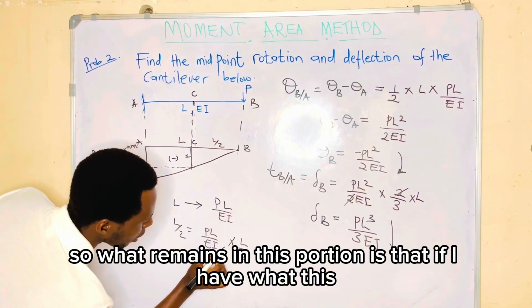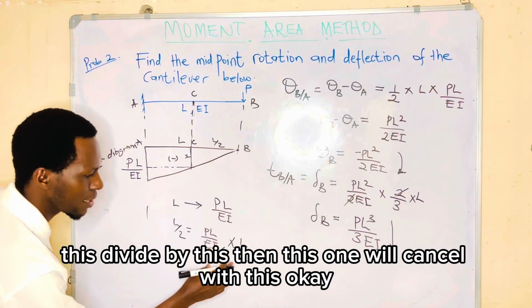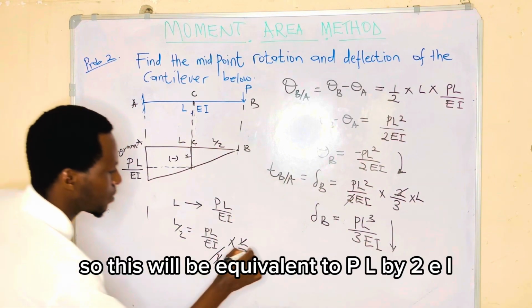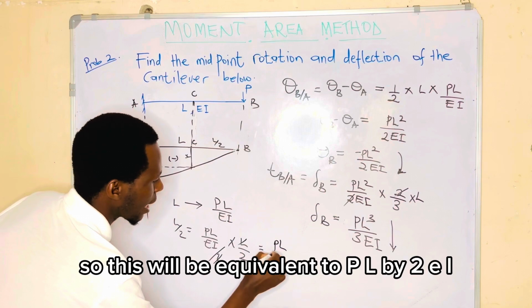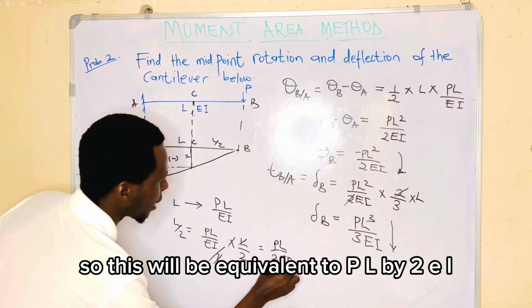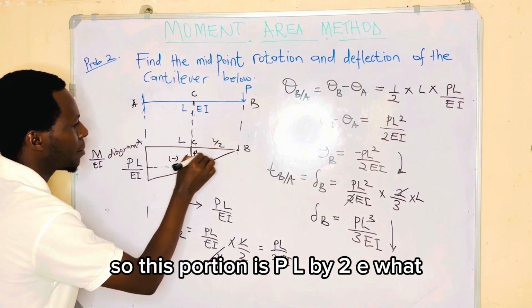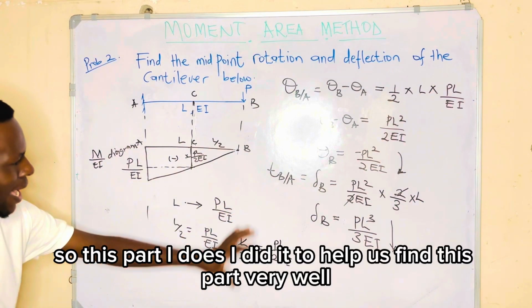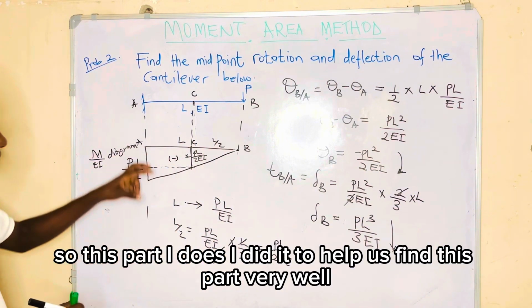So this one will cancel with this, and this will be equivalent to PL by 2EI. So this portion is PL by 2EI. I did this to help us find this part very well.